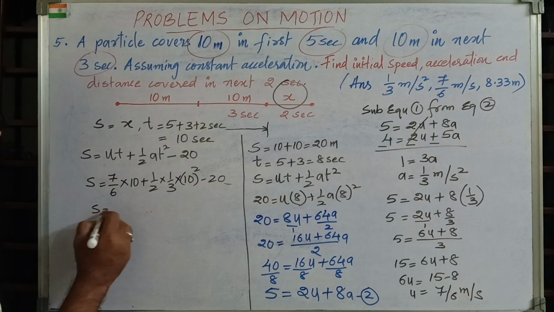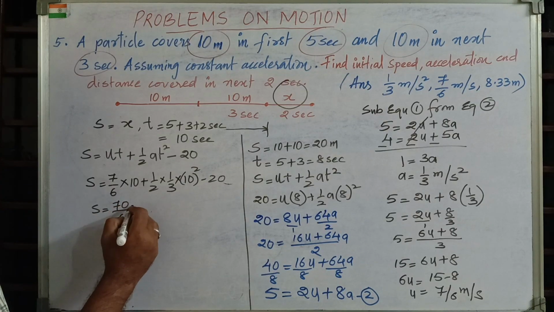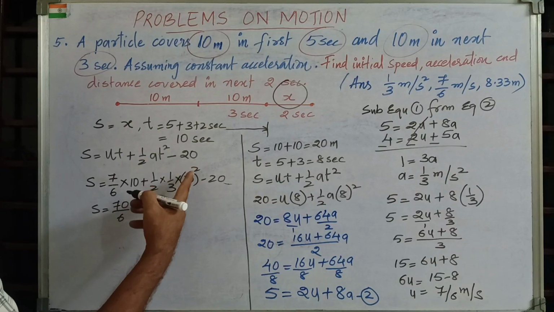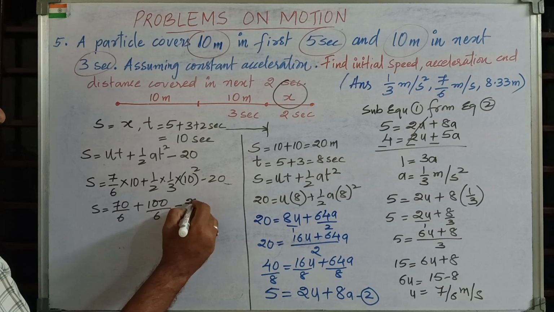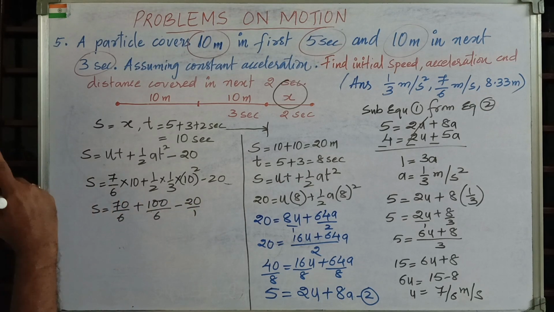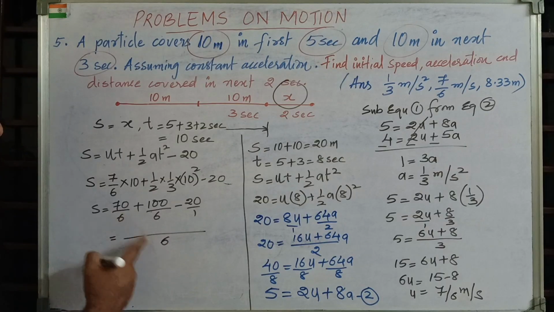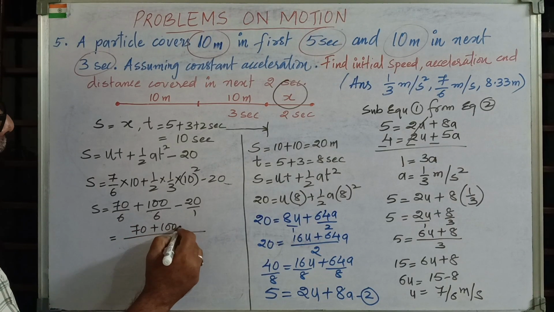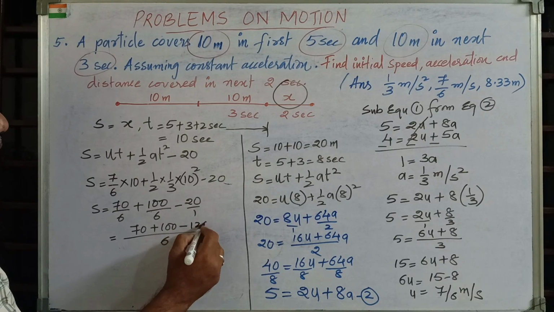Therefore S is equal to 7 into 10, 70 by 6, plus how much is this one? 1 into 1 is 1, 10 square means 100. So it is 100 by 2 3s are 6, minus 20 by 1. Now the LCM is how much? 6. 6 goes in 6 one time, therefore it is 70 plus 100 minus 20 times 6, which is 120.